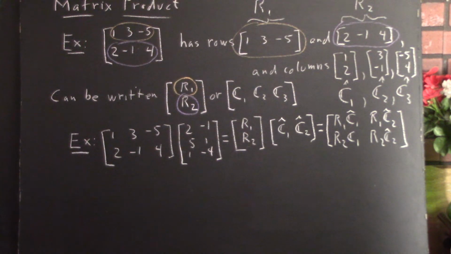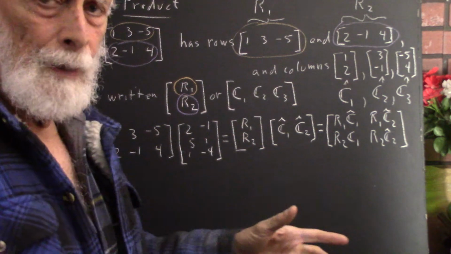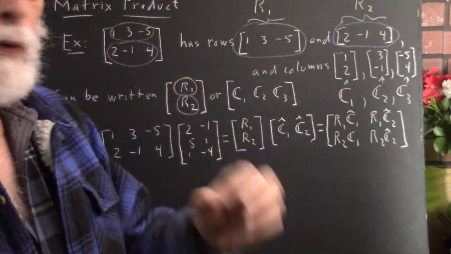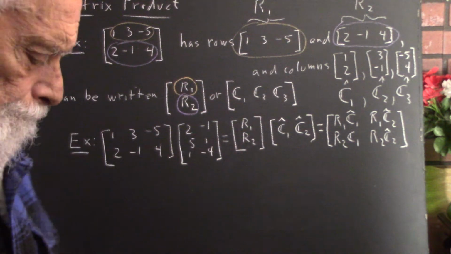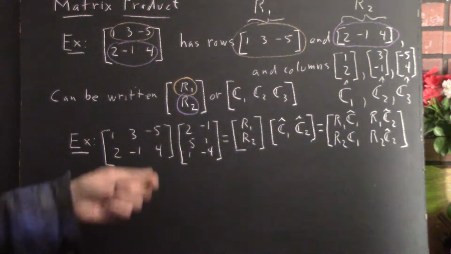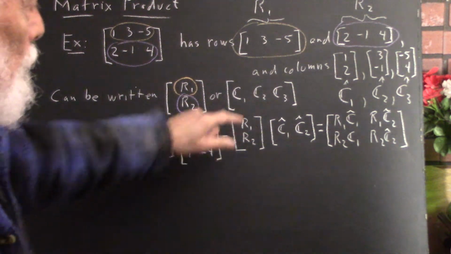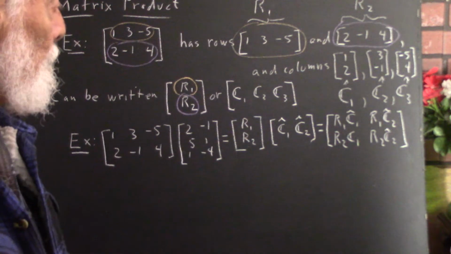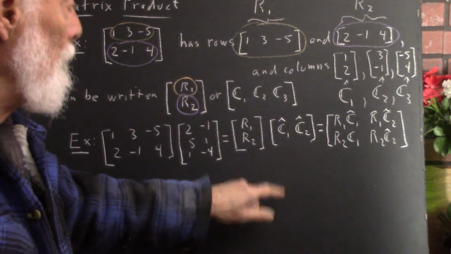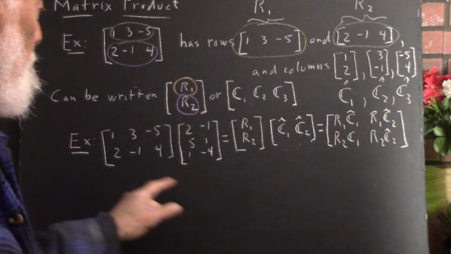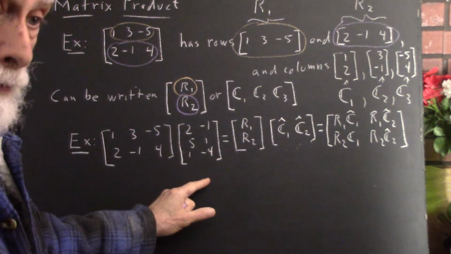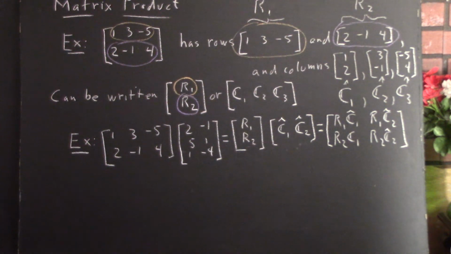Now just digress for a second. Why am I using these funny looking C's? Because I don't want to mistake them with lowercase c's that we use a lot. So we want to be careful to distinguish these. These funny looking C's stand for columns. The funny looking C's with the hats on them stand for columns of the second matrix when we're multiplying two matrices.